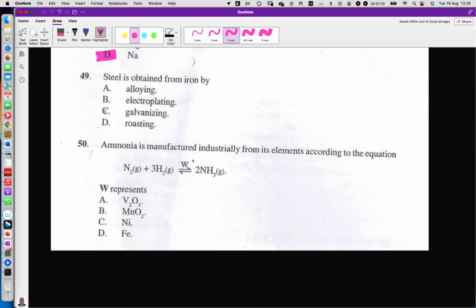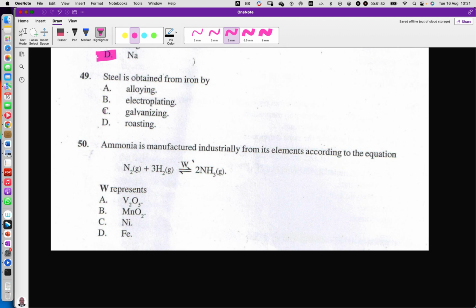49. Steel is obtained from iron by A. Alloying, B. Electroplating, C. Galvanizing, D. Roasting. The better way to obtain steel, like stainless steel, is by alloying, that is mixing two or more metals.